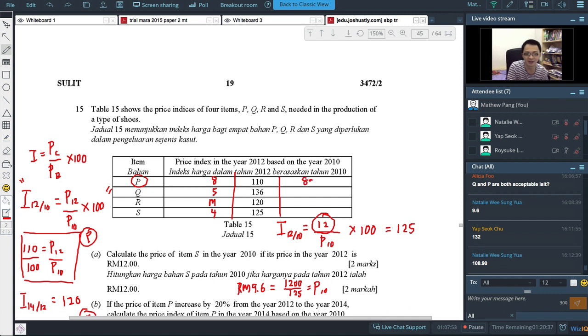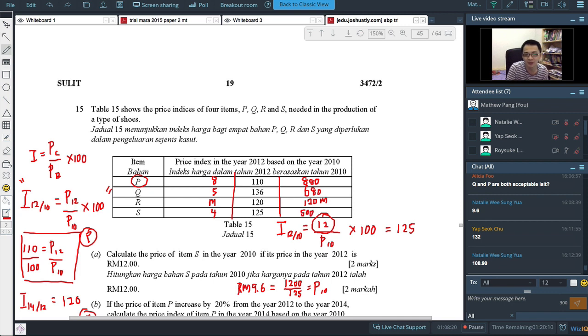This is 880. This one, 136 multiplied by 5, is 680. This one is 120M. This one is 500.